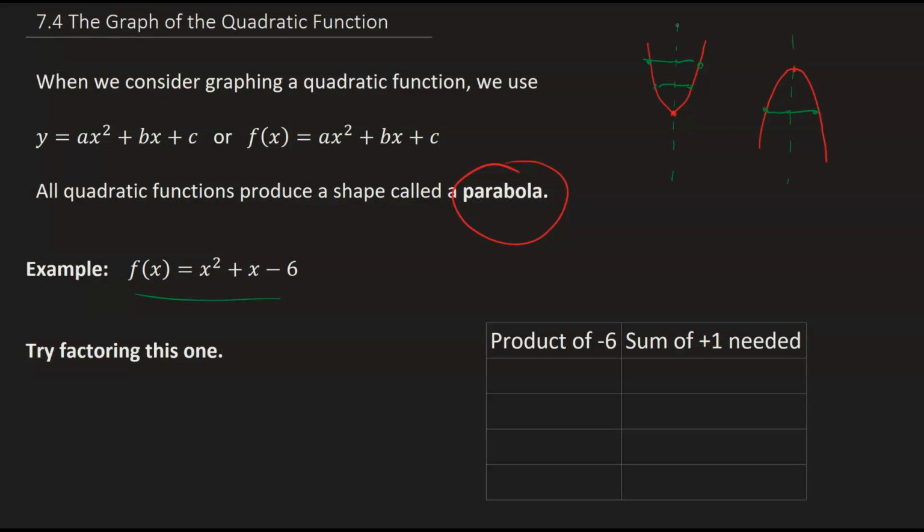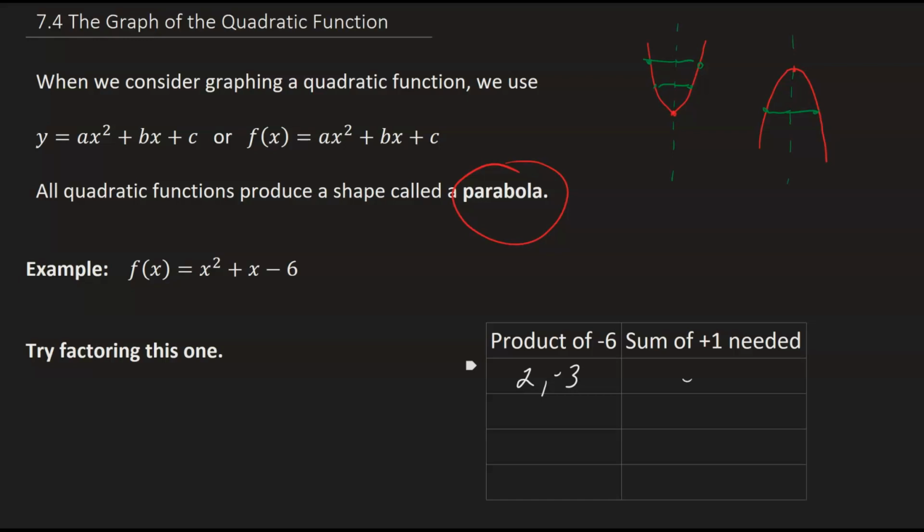We'll begin by factoring it and find its roots. So I want to take a look at two numbers whose product is -6 and whose sum is +1. So that will be, let's see, is it 2 and -3?